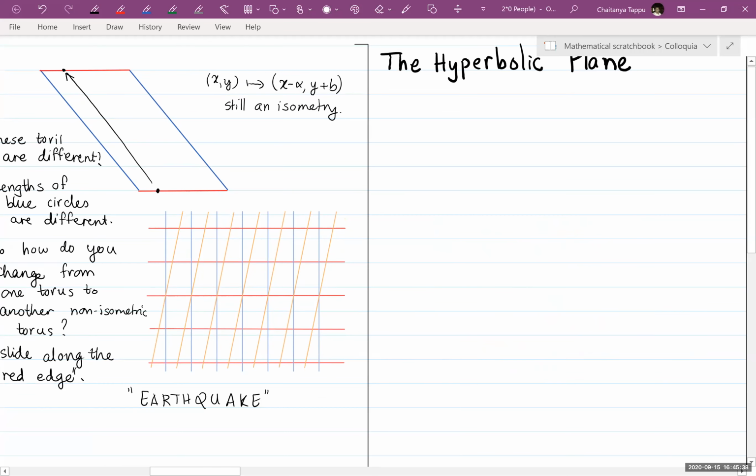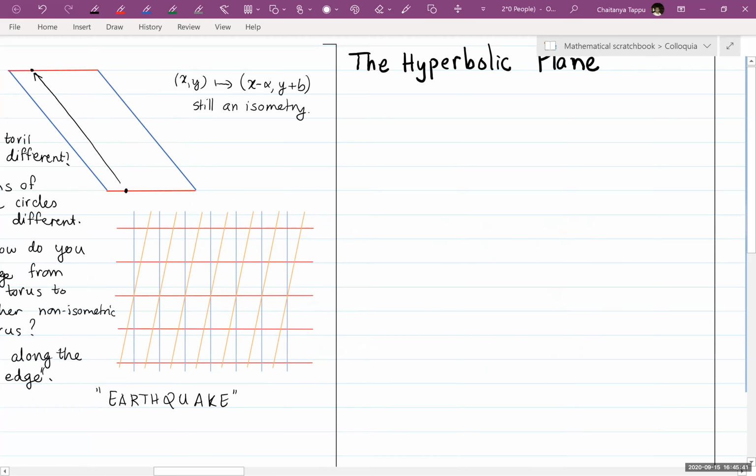Okay, so let me introduce the hyperbolic plane. There are two models of the hyperbolic plane that one should really know. One is called the upper half plane model. So this is x comma y in R2 with y greater than 0, and the metric is dx squared plus dy squared divided by y squared.